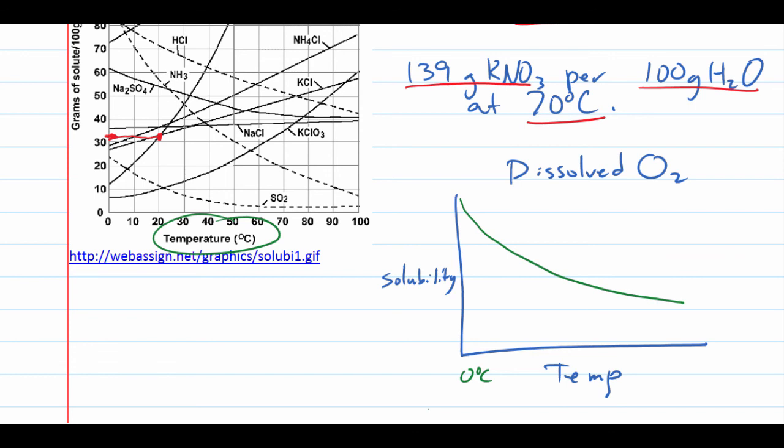But here's yet another reason why life can survive. As our lakes are going to begin freezing over here in the next week or so, turns out that the maximum solubility of oxygen is right at 0 degrees Celsius, which is the temperature at which water freezes.